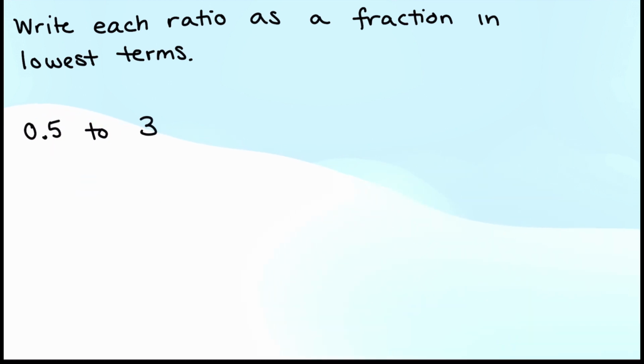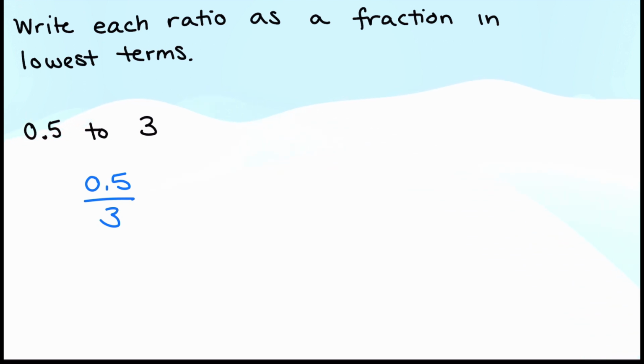All right, one more like this, 0.5 to 3. So write that as a fraction, 0.5 over 3. I'm not going to leave a decimal in this fraction. I'm going to simplify this.